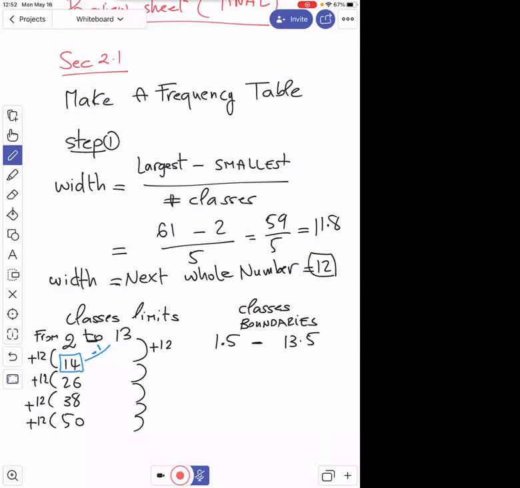So for the lower boundary you subtract 0.5, for the upper boundary you add 0.5. We do the same thing for the 5 classes. Then class midpoints, frequencies, etc.